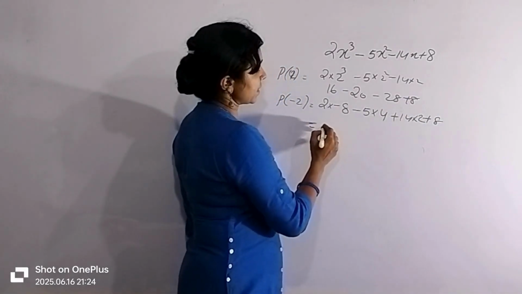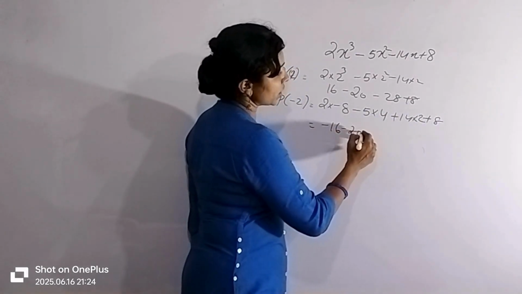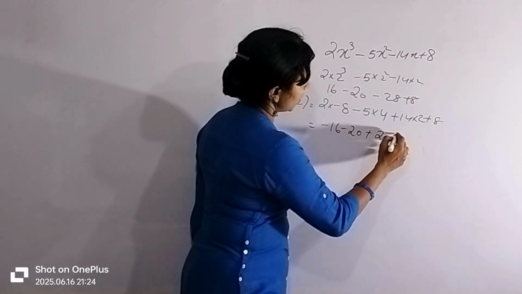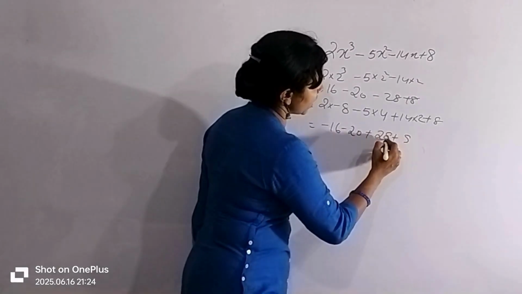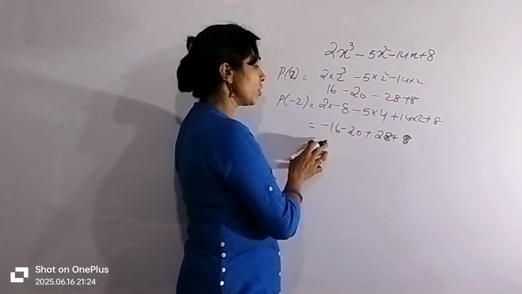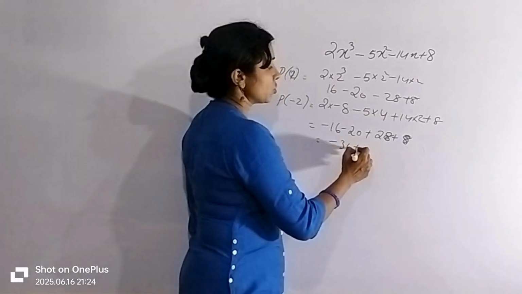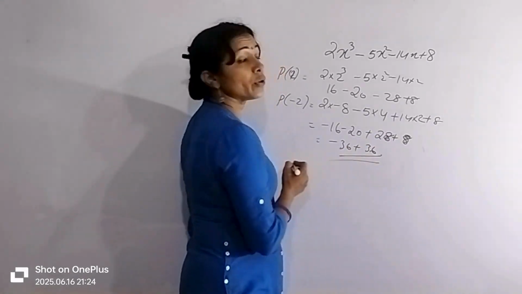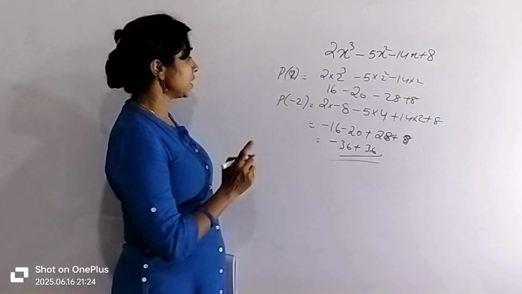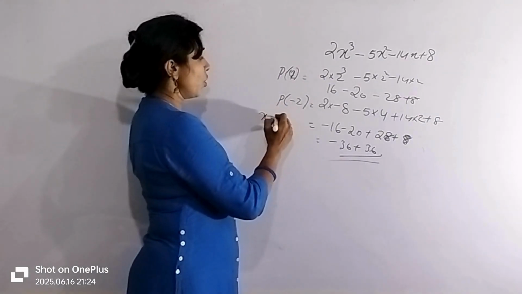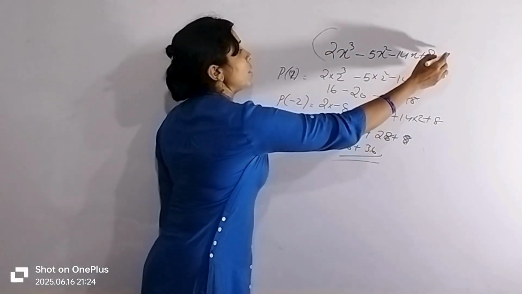Now 2 into minus 8 is minus 16, minus 20, plus 28, plus 8. Here minus 20 minus 16 is minus 36. So 28 plus 8 is 36. So now we really got one zero here. That is, when x is equal to minus 2, the value of the polynomial becomes 0.